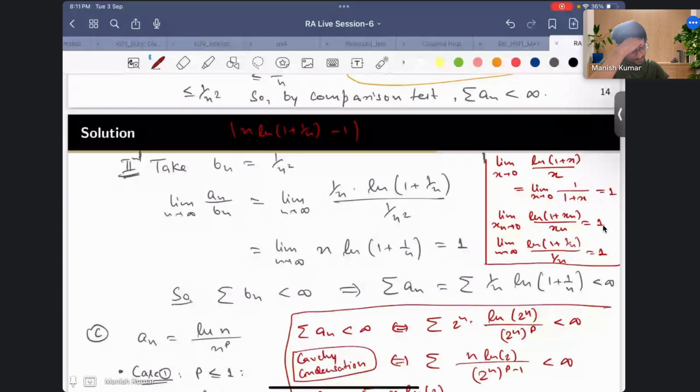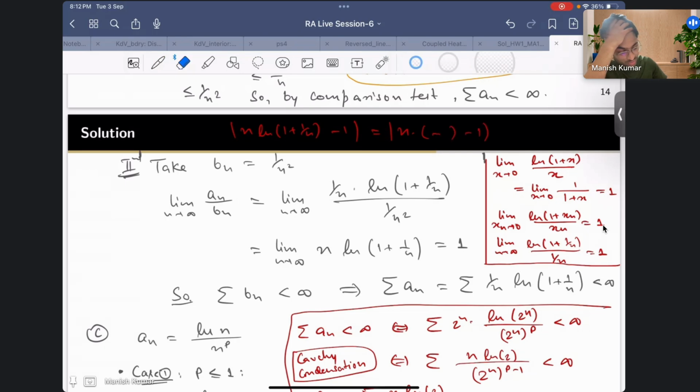What's coming to my mind is to just use the expansion of log, you subtract 1, you will get 1 by n or something, and that can be made very small. This is one of the arguments that I'm thinking of. But you cannot use triangle inequality. The main goal is to make this quantity less than epsilon.